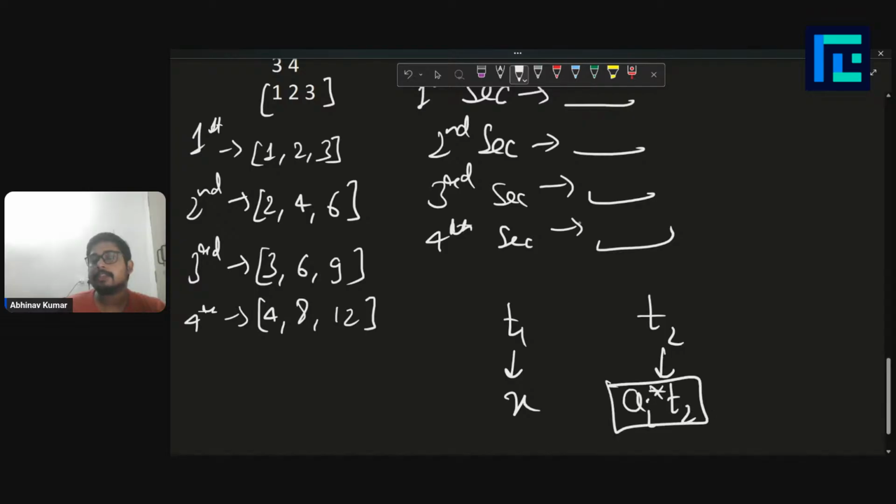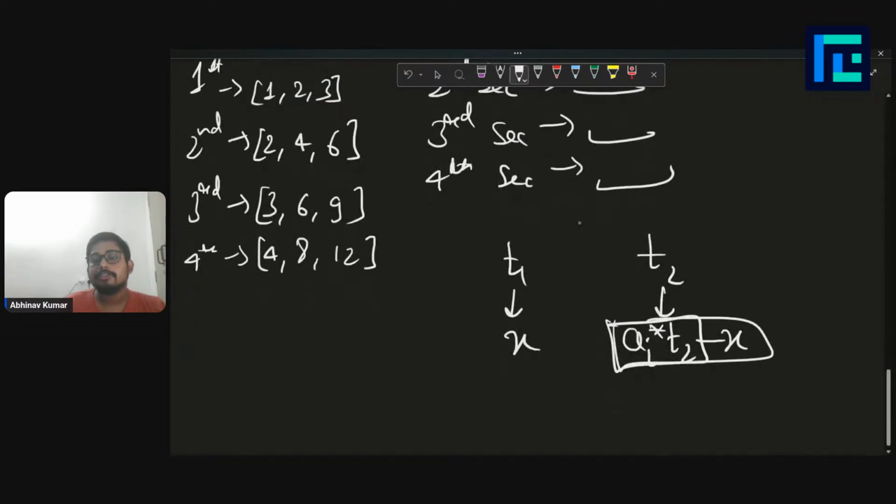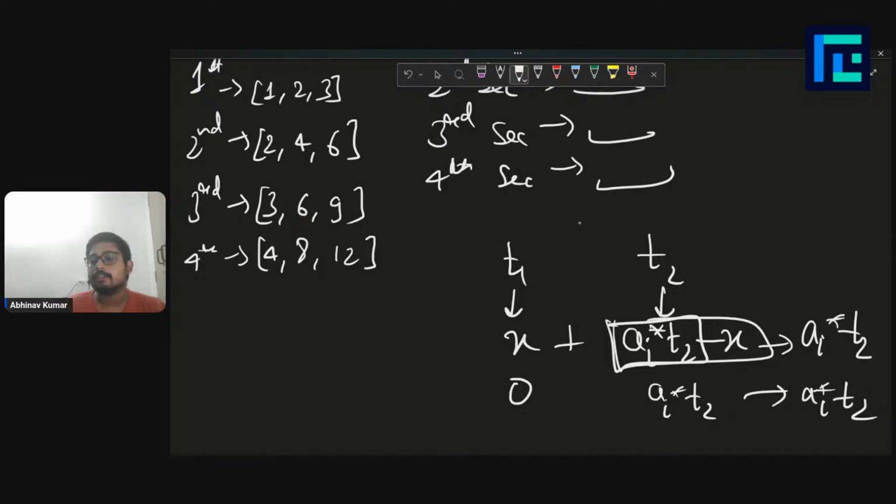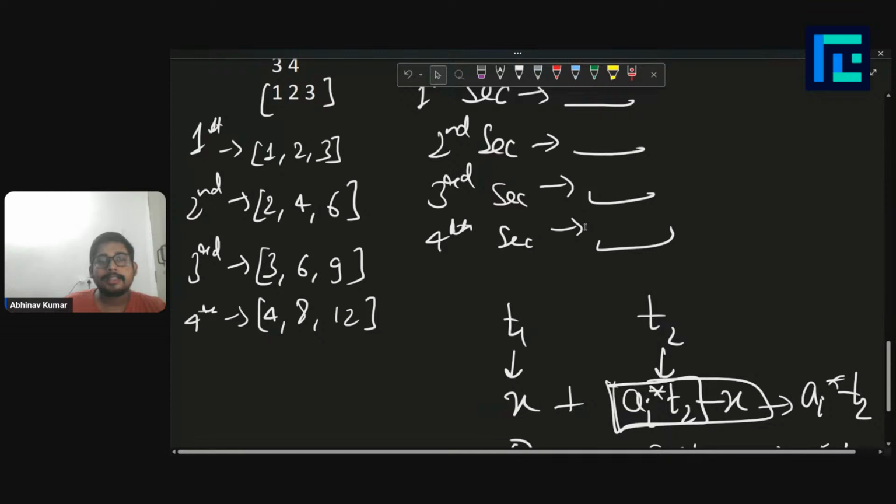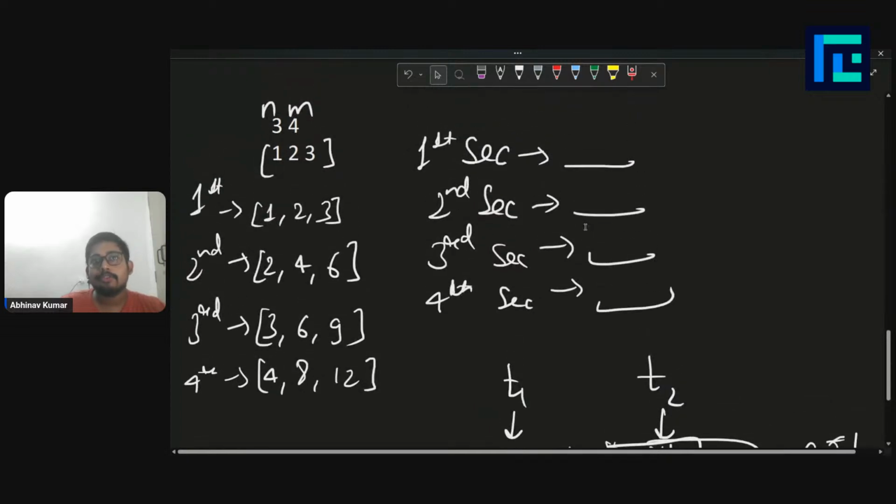If you collect x cakes at t1, the remaining cakes would be this much only, so the total sum of cakes would be ai into t2 only. Even if you collected 0 cakes at t1, you would still have got ai into t2 cakes only. So it does not matter if you collect the cake more than once, and it would be best to collect the cake only once.